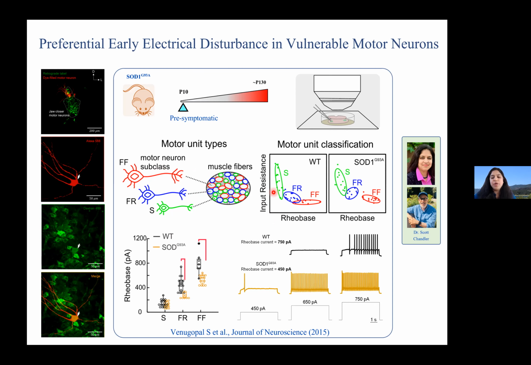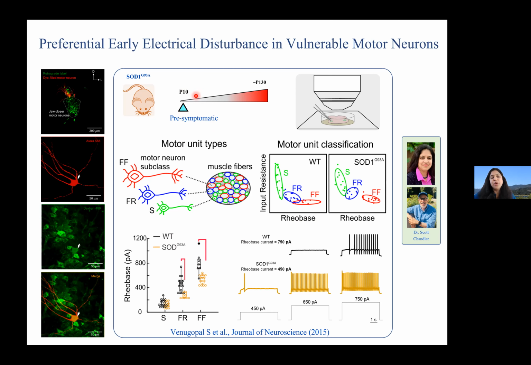This is thought to be nearly 98% accurate in determining what type of motor neuron those are. So we used this approach. One of the big results that became evident was that the fast motor neurons were indeed selectively changing very early in this disease. So notice that this is pre-symptomatic, at a very early stage.